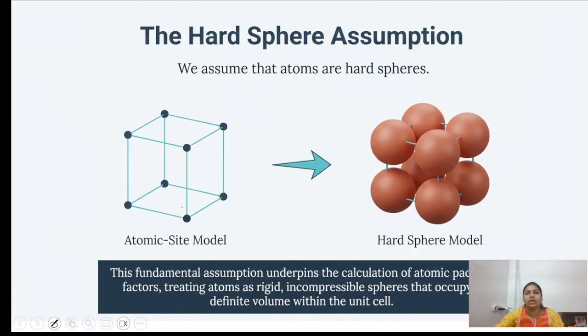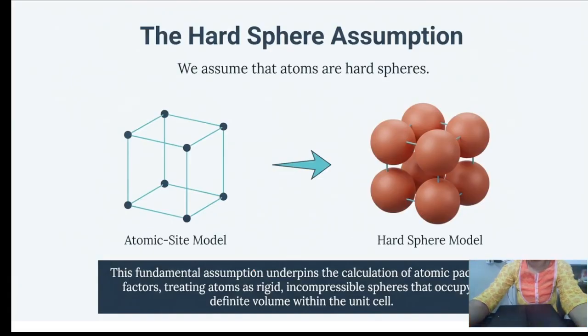So we will consider a few case studies using this atomic packing factor calculation. The first case study will be the simple cubic structure.